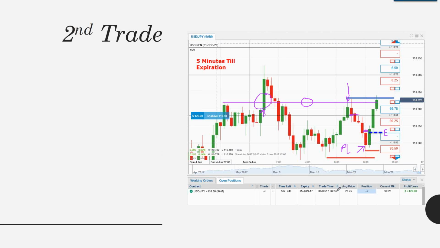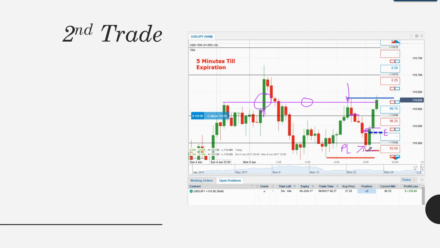Well, actually, you had 3 minutes, because my trade time was 8:27, okay? It's not an engulfing, okay? It's not an engulfing because this is the high and this is the low, so it did not totally engulf that bar, okay?